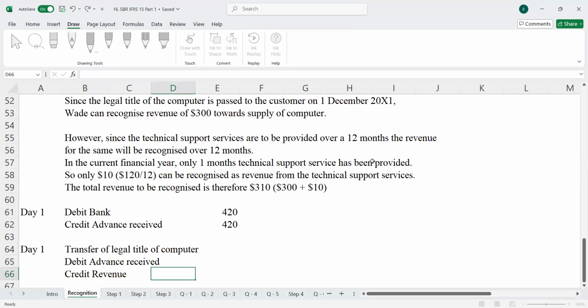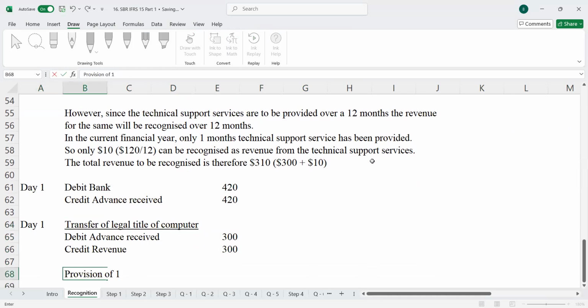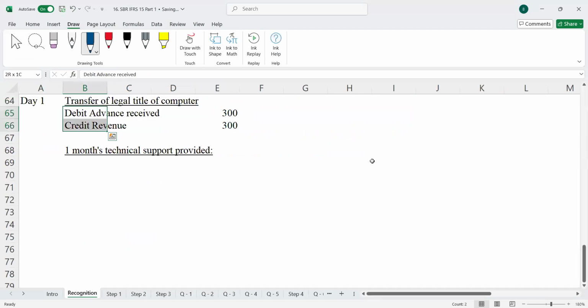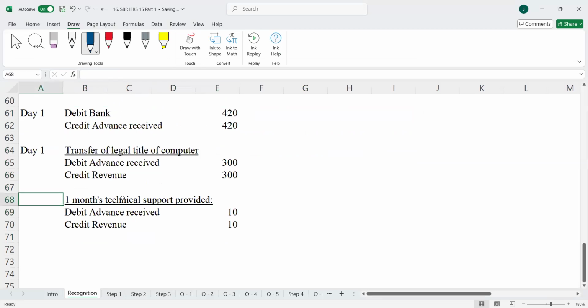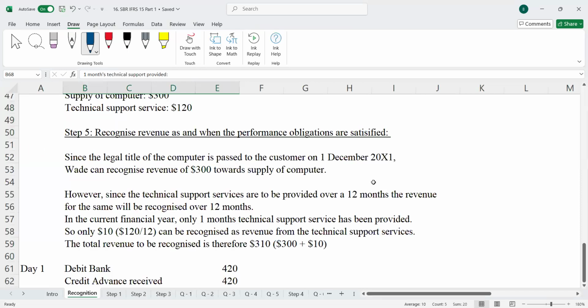Perfect. Yes. Two performance obligations, right? Provision of 1 month technical support provided. Understood? Now this entry you will be recognizing every month. Okay? Understood?